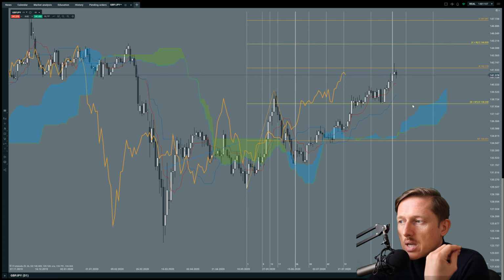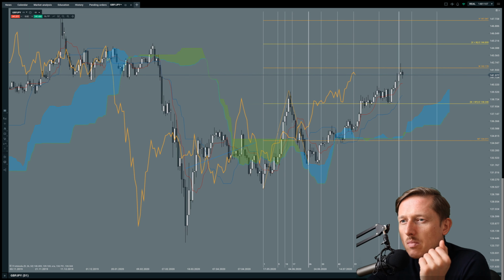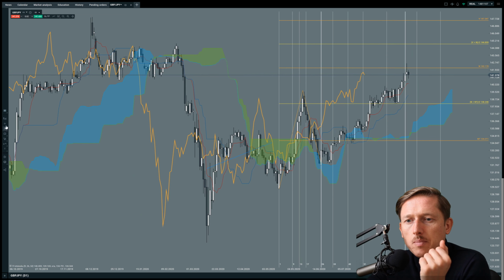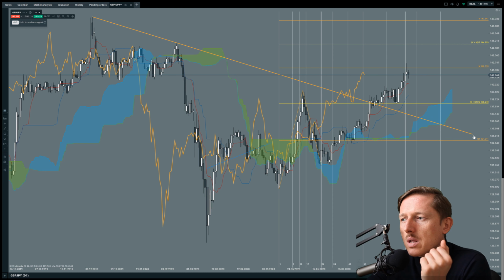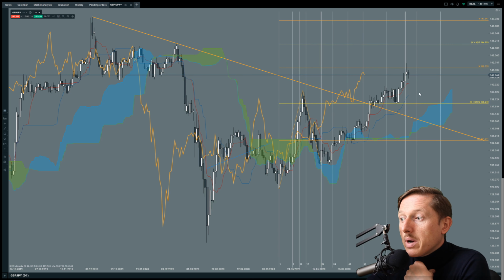Maybe we will create some P wave over here, and later go higher, but for now we can as well draw some classic trend line, and from the trend line we can see that that was our retest over here as well. So we might go back all the way to the trend line.